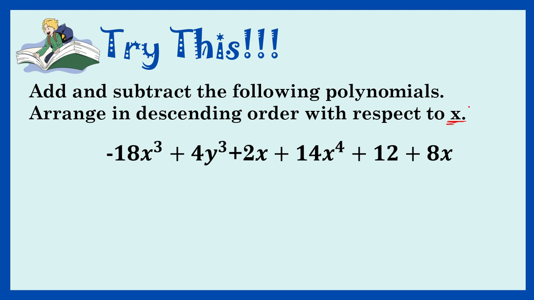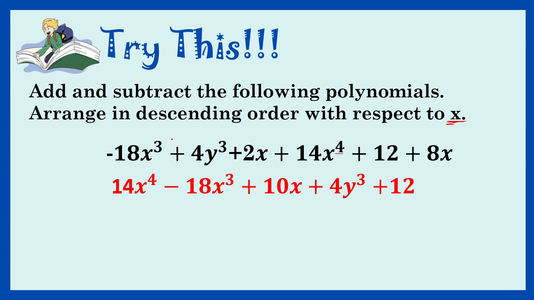Kailangan mauna yung mas malaki, pababa. Okay? Mauna si x raised to 4 kaysa kay x cube. Diba? Kung may kamukha, pagsamahin. Kung walang kamukha, i-remain mo lang siya as is. Ganun lang. Kung naka-parenthesis, tanggalin ang parenthesis, i-distribute mo siya.